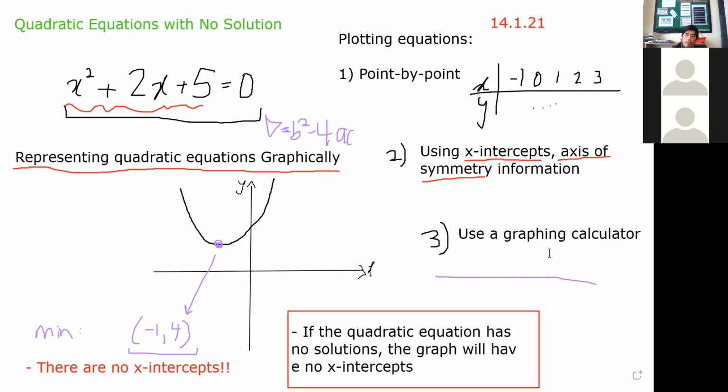And then this is just a clue. If it doesn't have any solutions, you can still plot it, okay? But it just will be floating above the x-axis, all right? You can write that, I guess. It's kind of floating in positive space. Okay, floating. Does that make sense?